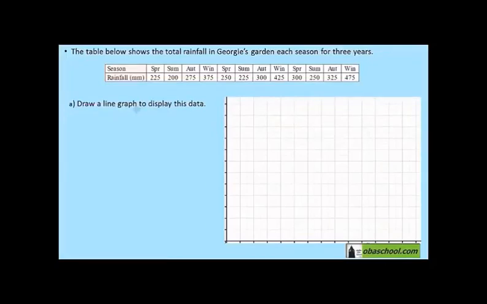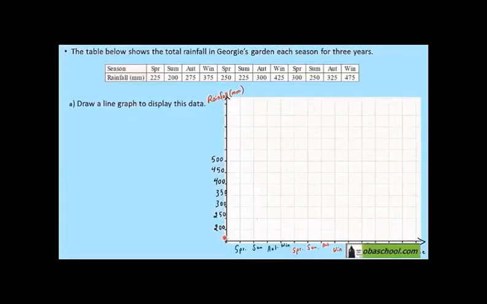So, we're going to draw a time series graph about the amount of rainfall in Georgie's garden each season for 3 years. On the x-axis, of course, is going to be the time. So, spring, summer, autumn, and winter for the first year, and we're going to have the same exact thing for the second and third year.